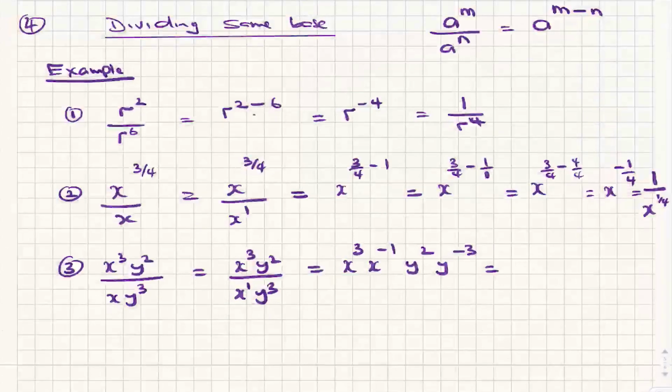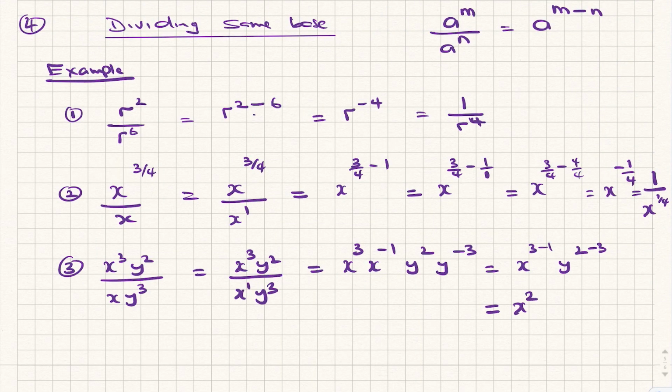So what we now do is add the powers of the common base, it has to be the same base. So that will be x to the power of 3 minus 1 and y to the power of 2 minus 3. And that gives x to the power of 2, y to the power of minus 1, which will become x squared times 1 over y to the power of 1, and that will become x squared over y.